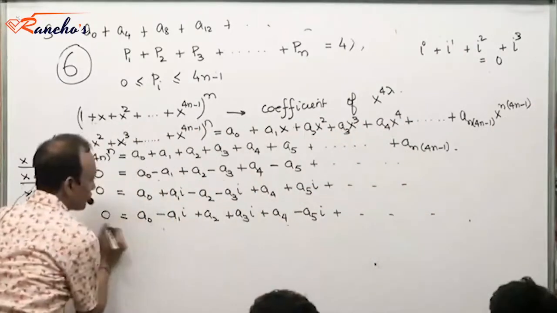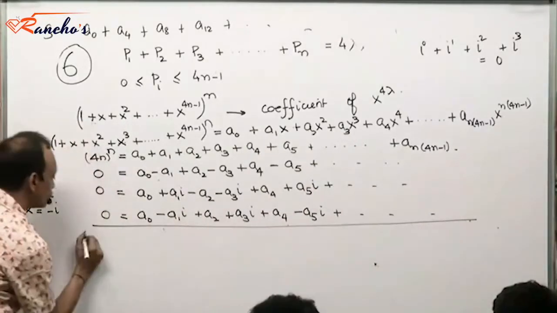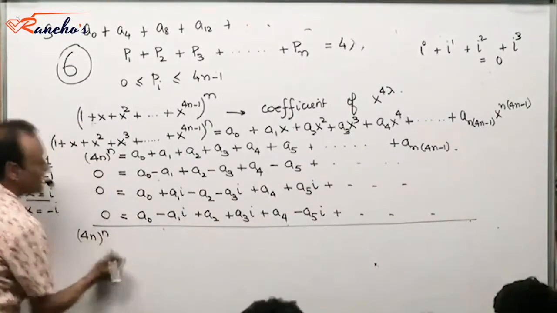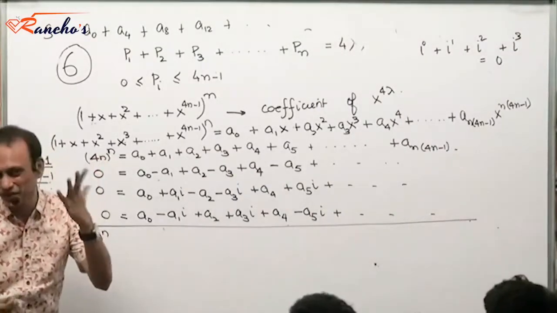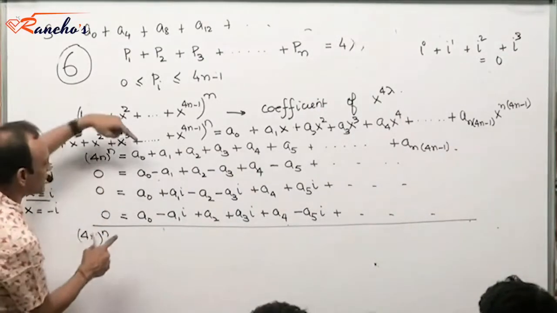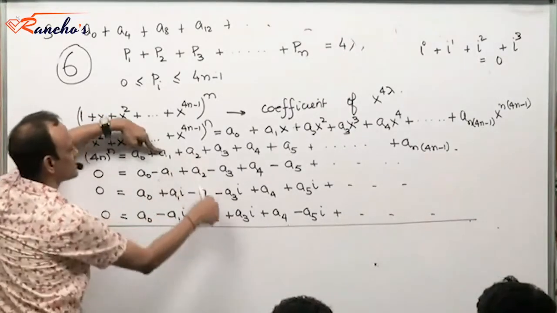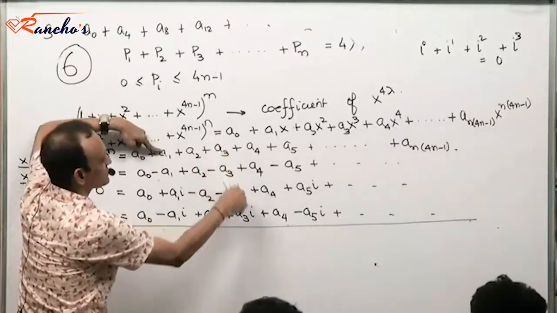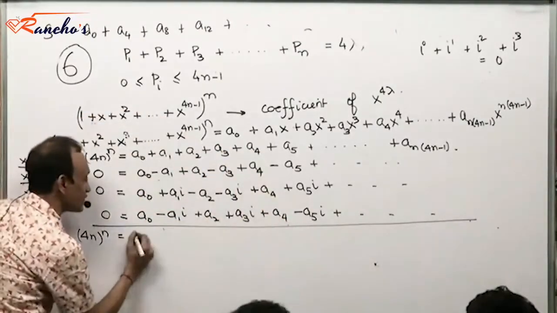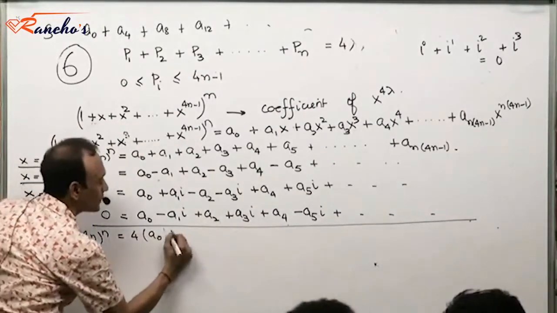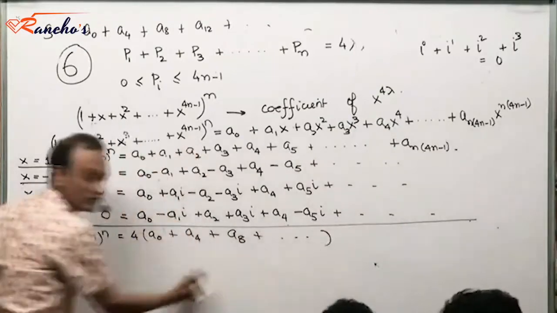Now, perform the last rites on this. Add all of this, (4n) to the power n, and we were interested only in a0 plus a4 plus a8. These were the only terms of interest to us. And do you see everything else has got cancelled? This has got cancelled. This has got cancelled. So the right hand side is 4 times (a0 plus a4 plus a8 plus and so on and so forth).